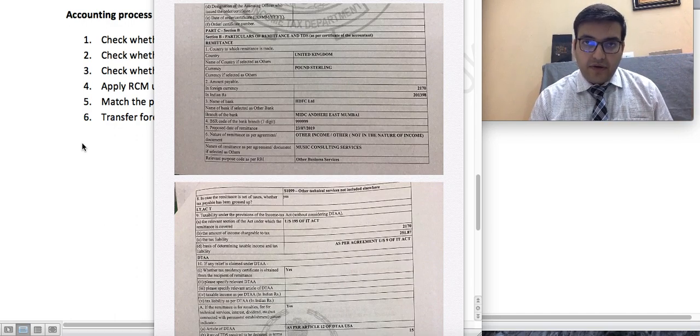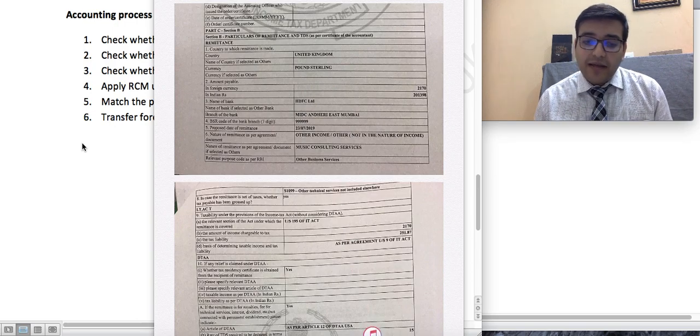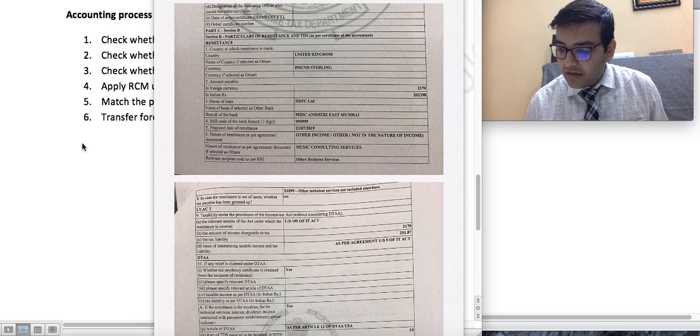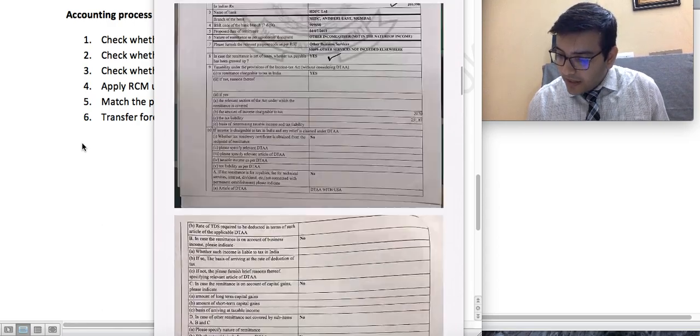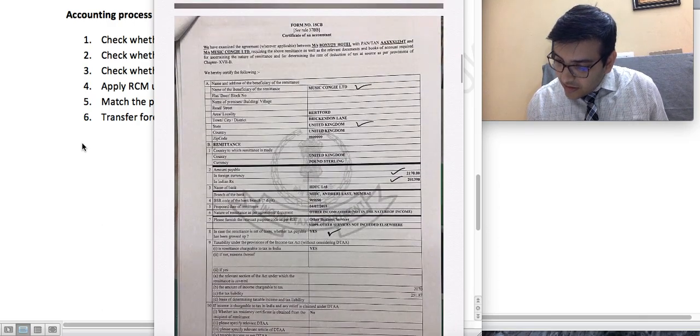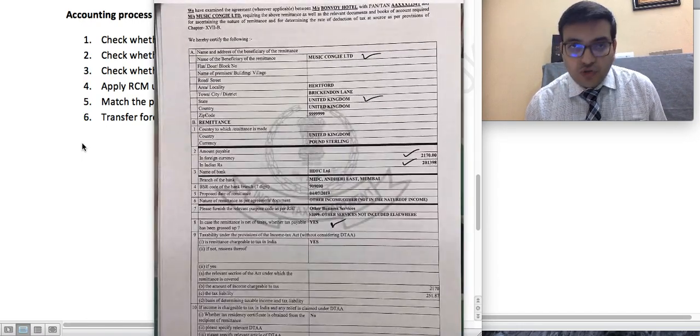When you make the payment, at that time the exchange rate is different. When you create this 15CA, then the exchange rate is different. So sometimes people make the mistake of changing this amount in 15CA and 15CB, but I would suggest that both amounts should be the same. I mean, they shouldn't be different.